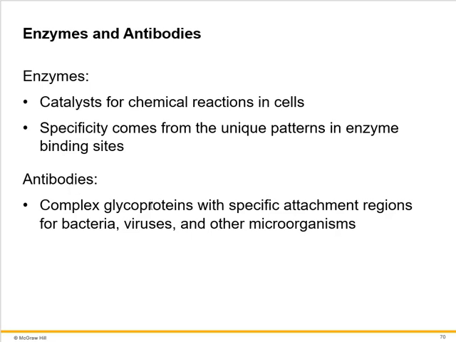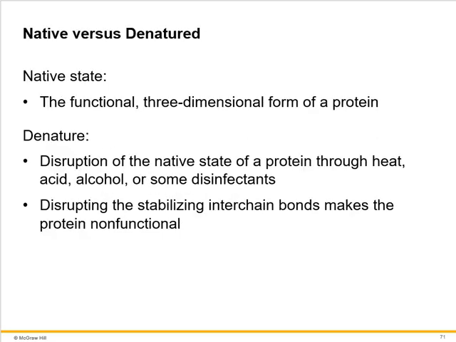And antibodies attach to the surface of bacteria and viruses and other microorganisms, and that causes them to be inactivated, neutralized, and it attracts other parts of the immune system. So they have lots of different functions, and we'll talk about that when we get into the immunity section in Unit 5. But antibodies are going to be involved in immunity.